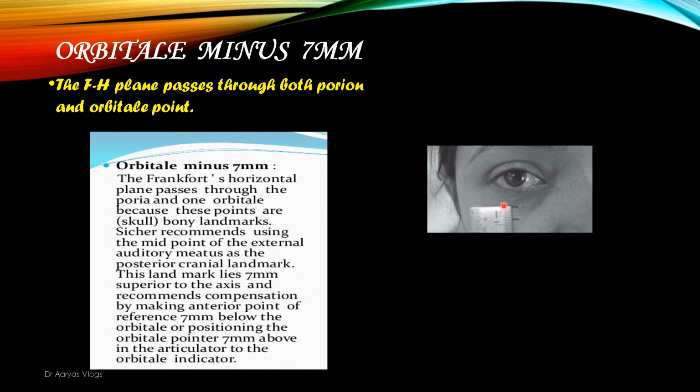Seizure recommends using the midpoint of the external auditory meatus as posterior cranial landmark. And this landmark lies 7 mm superior to the axis and recommends the compensation by making anterior point of reference 7 mm below the orbital or positioning the orbital pointer 7 mm above in the articulator to the orbital indicator.